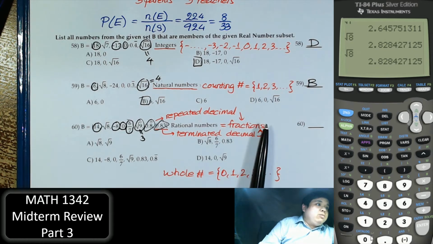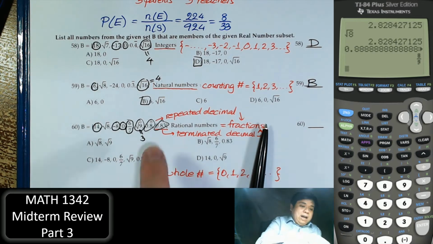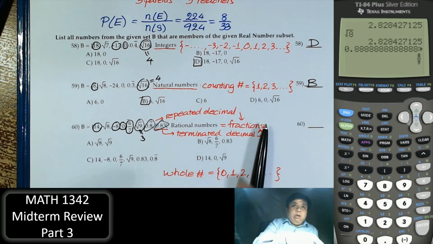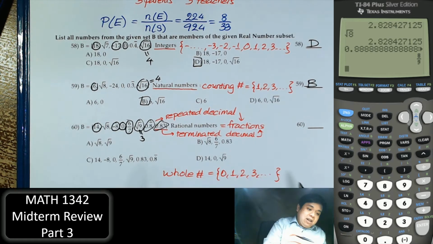If you want to do it, 0.8 convert to fraction, you see, certainly works. And 0.83 is 83 over 100, so pretty much we have that. So everything except for square root of 8.